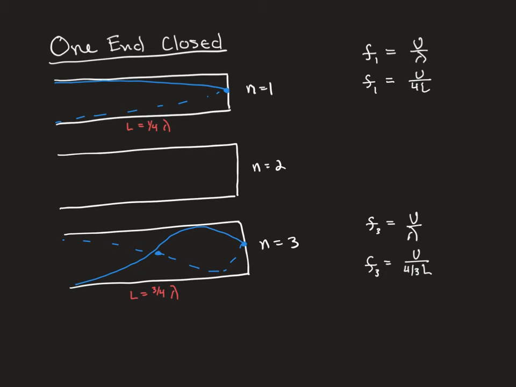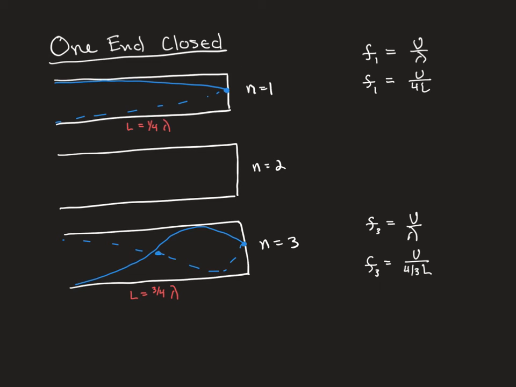The problem is, if I want to do what an actual n equal 2 is, I would have to have the node at the open end, and that doesn't physically make any sense. That defies the laws of physics. So there is no n equal 2. In order to add another node in, I have to do n equals 3, where we have a node, and then an antinode at the end. So L would equal 3/4 of the wavelength of the wave.